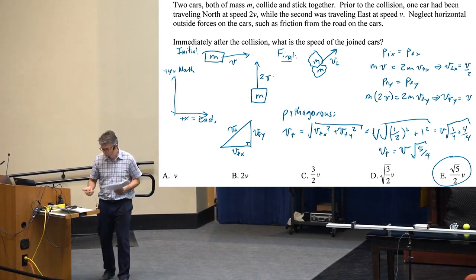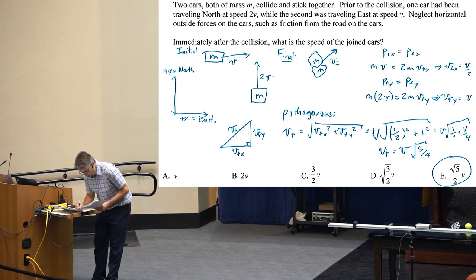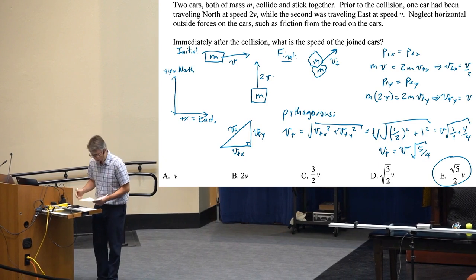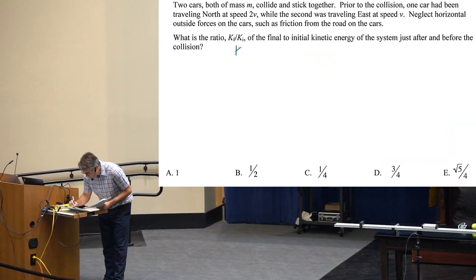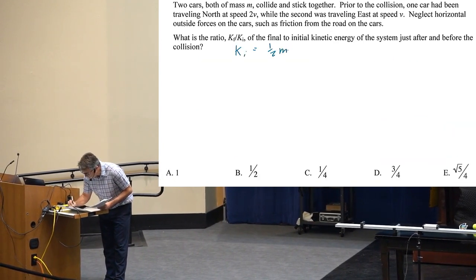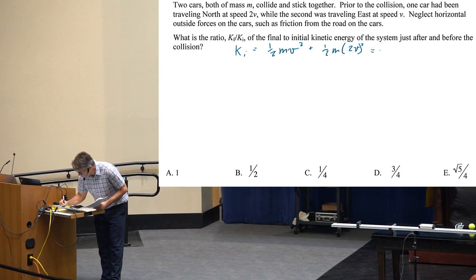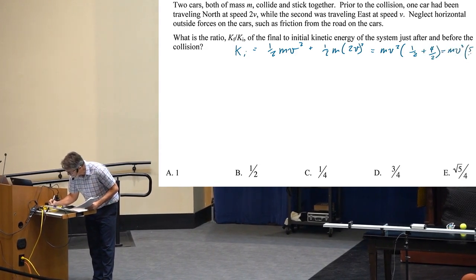And then if you want to do ratios of the kinetic energies, just figure out what kinetic energy initial is of the two objects separately, and then kinetic energy final, and just divide, and hopefully the V's cancel out. So you got K initial is equal to 1/2 mv squared plus 1/2 m (2v) squared, which is mv squared times 1/2 plus 4/2, which is mv squared times 5 over 2.